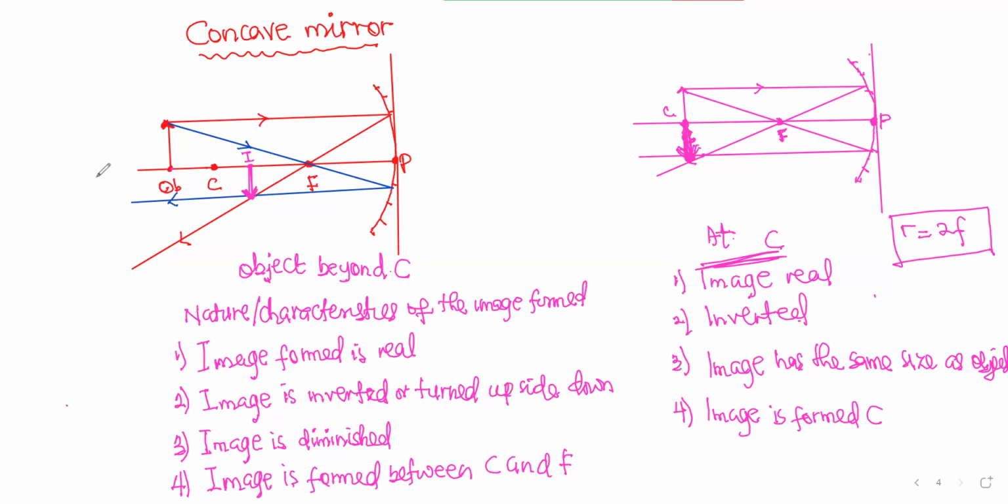We've done beyond C, and at C. I'll leave when the object is between C and F for you to do. We'll jump straight to when the object is placed between the principal focus and pole. What happens? Then we look at that of convex.